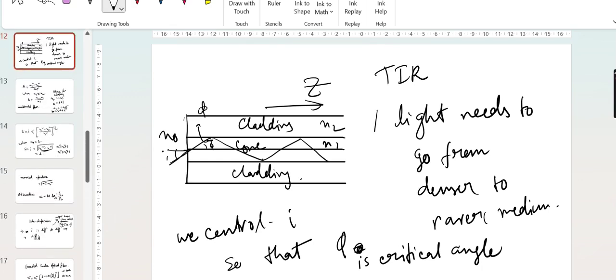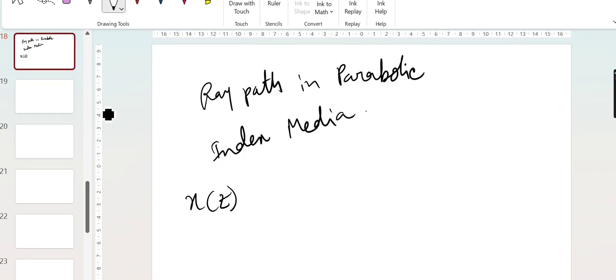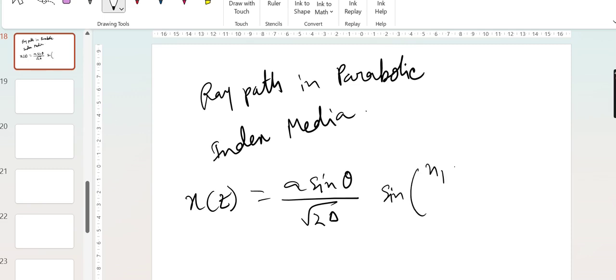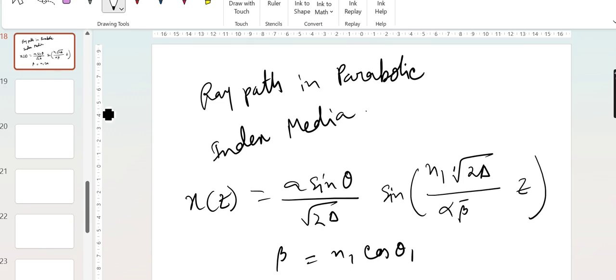So the refractive index profile will be like this, or the graded index profile, and this is in the x direction. So that would be a sine theta over root 2 delta, sine of n1 root 2 delta beta bar into z. So beta bar is n1 cos theta 1.